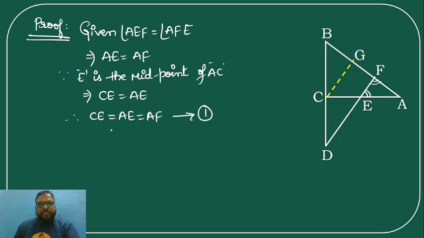Now we will go for the second condition. We are in the construction part, where we wrote that by construction CG is parallel to EF. If I take the triangle AGC, CG is parallel to EF.